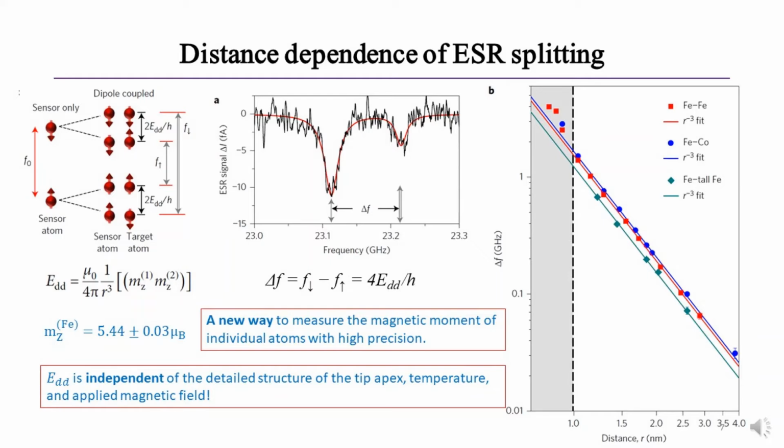And also we can find here that the interaction energy depends only on the magnetic moments of these two individual atoms and on the distance between these two atoms. It is not dependent on the detailed structure of the tip, the environment temperature, or the external magnetic field, which is quite important and will be further proved in further experiments.